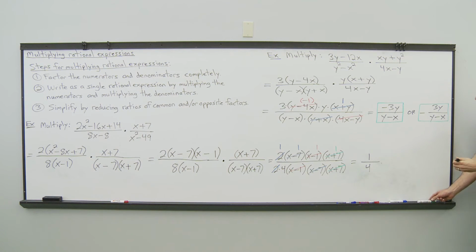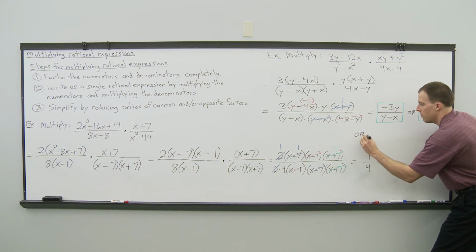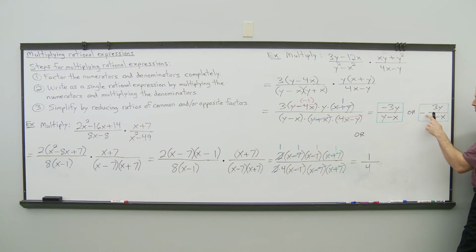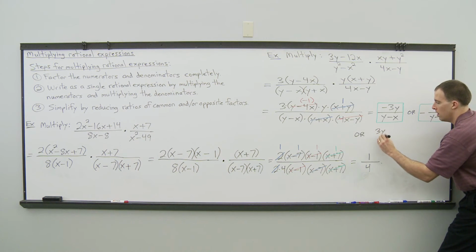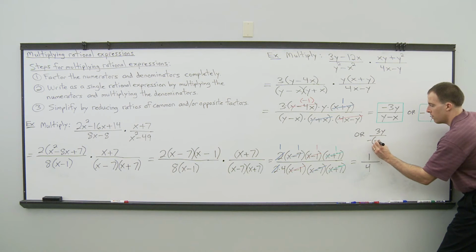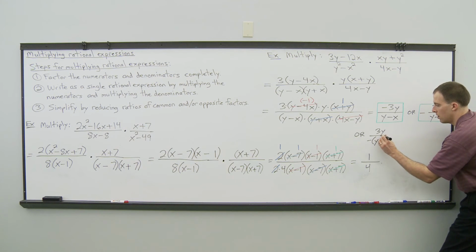And then also, it's possible to place the negative with the denominator. So we could put the negative sign with the denominator and write it as 3y over the negative of y minus x.